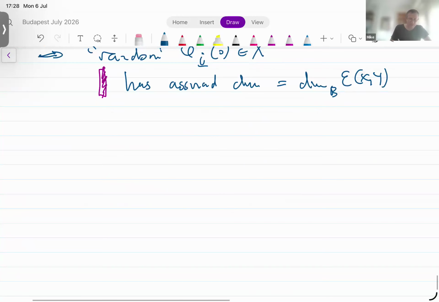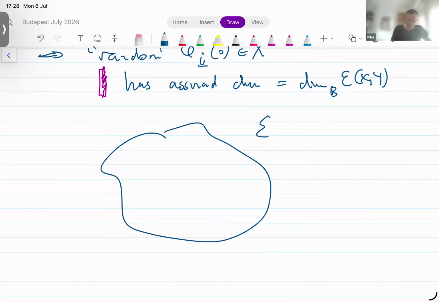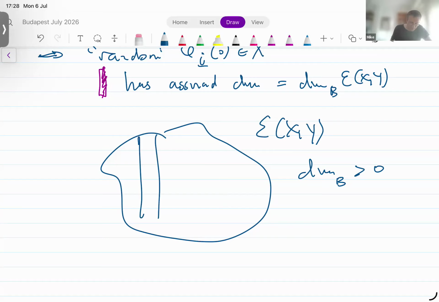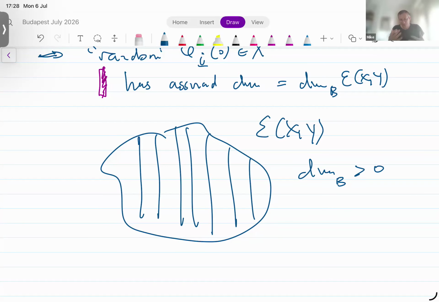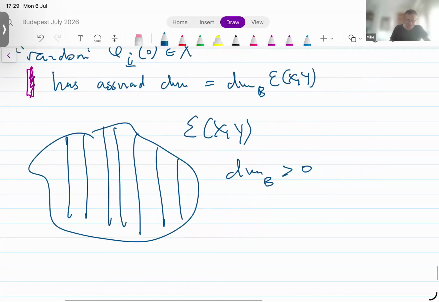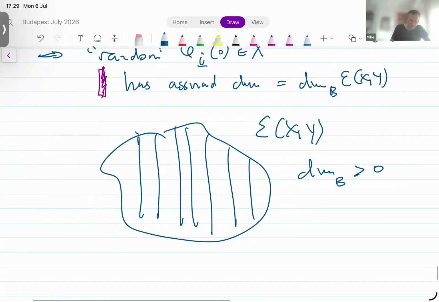And so what you conclude is that you have this strange situation. You have this E of xy, which has positive box dimension, but all of that dimension is actually realized inside of the set, sitting on vertical strips. And you can do another approximation and actually show that you have that much Hausdorff dimension even on these strips.